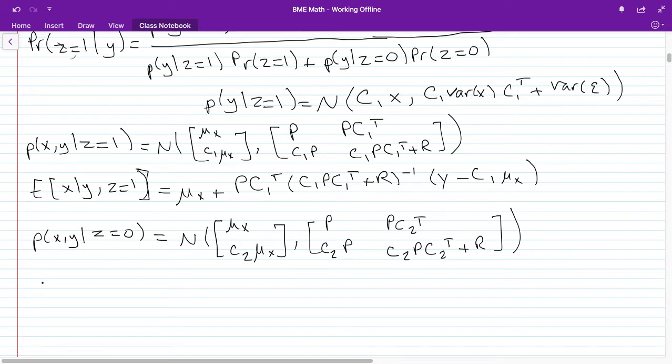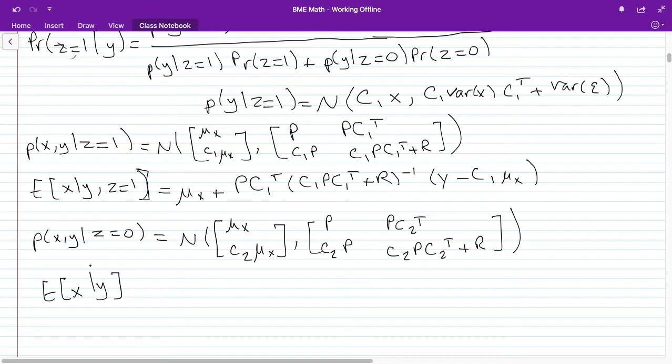And now what's my expected value of x given y? So I have the expected value of x given y if it's a common source, and I can write the expected value of x given y if it's separate sources. So here it is, right? Here's the expected value of x given y for a separate source.